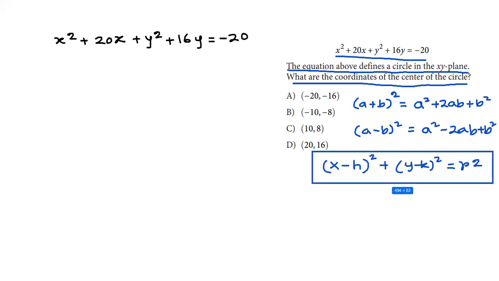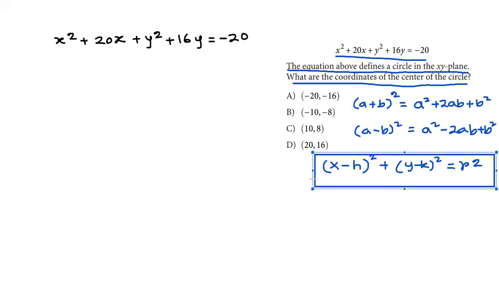But the given equation is not in the standard form. So what we can do, step 1, we will write the x terms together, x square and 20x, and the y terms together, that's equals negative 20.